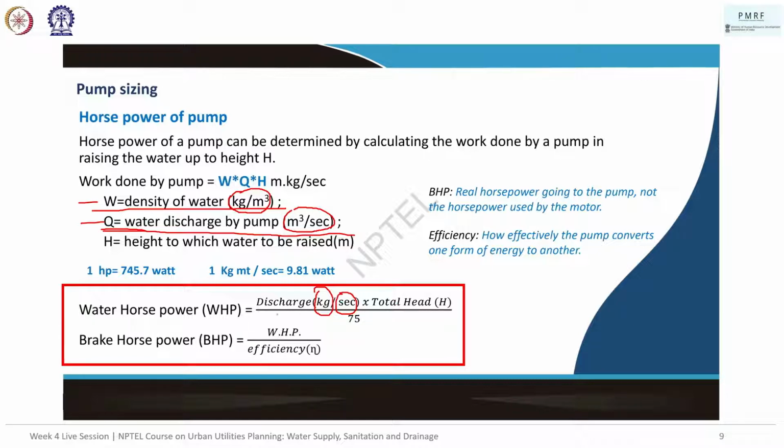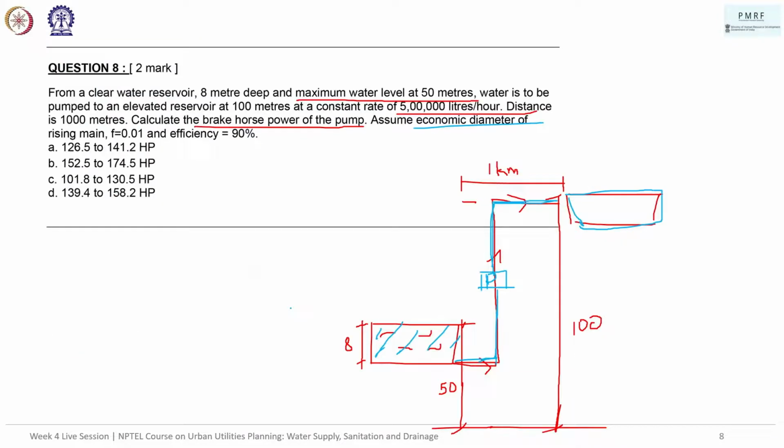However, water horsepower is the work actually done by the pump, right? But when you convert any form of energy from form A to form B, in this case, we have a pump where it's either going to be run by fuel or it's going to be run by electricity, right? So we are converting, say it is an electric motor, electrical energy into mechanical energy, which is going to push the water from the lower reservoir to the upper reservoir.